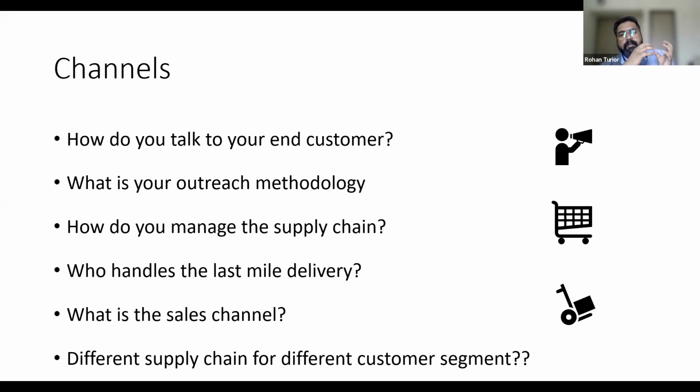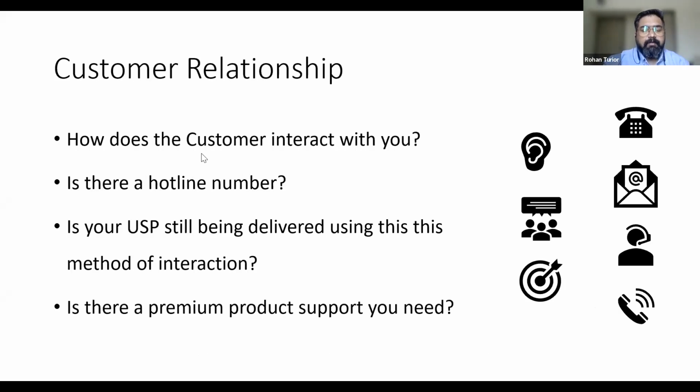That's where you move him to a different kind of showroom or shop to provide him that experience. Imagine, you buy grocery from Dorabji's, you buy grocery from DMart. There's a different experience that you get at all these different places. So that's the channel part.